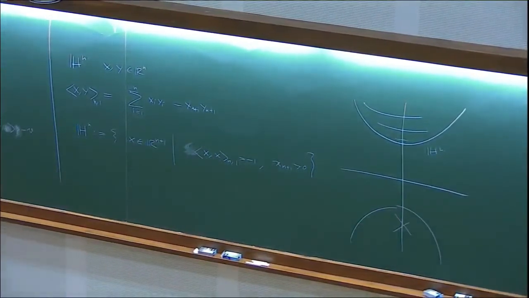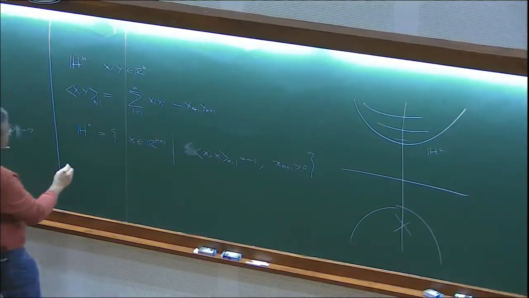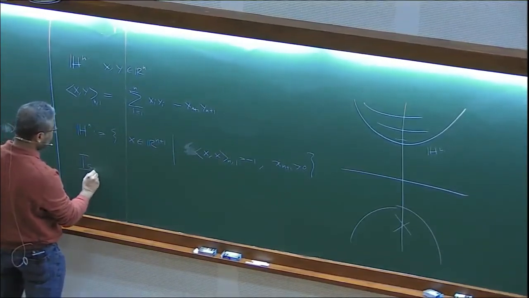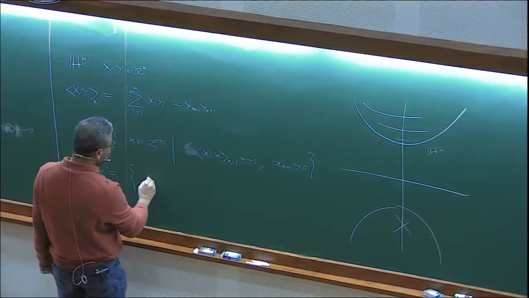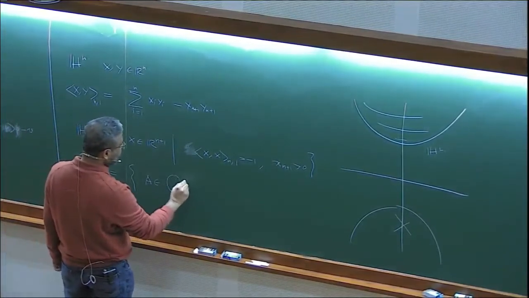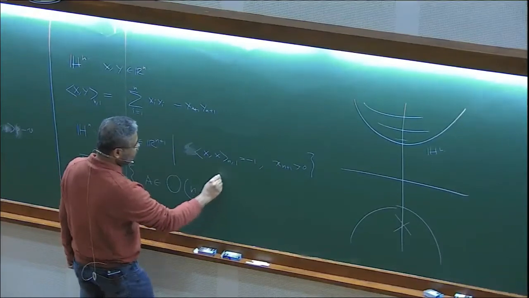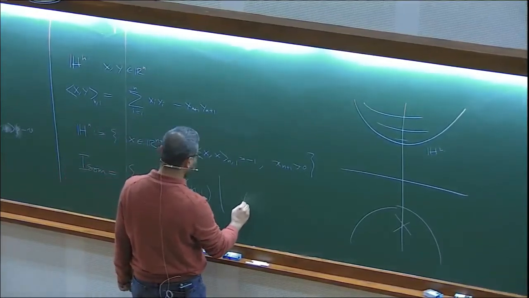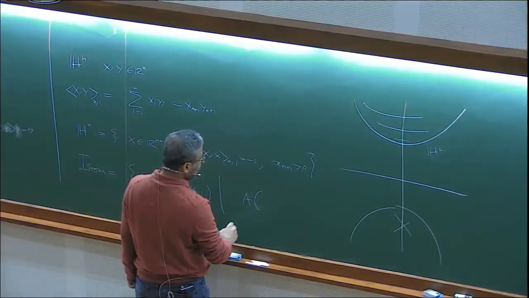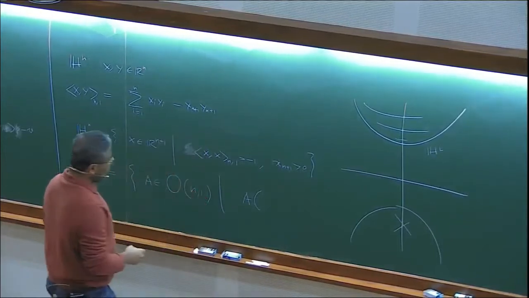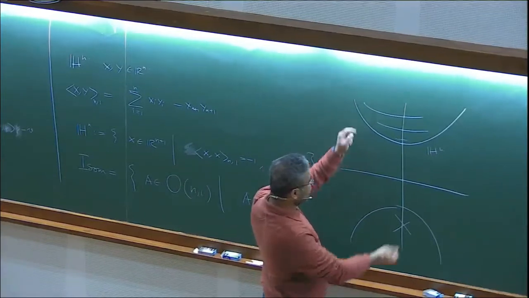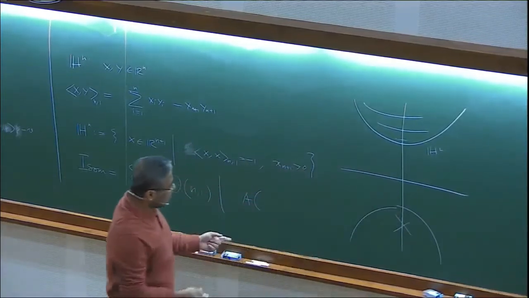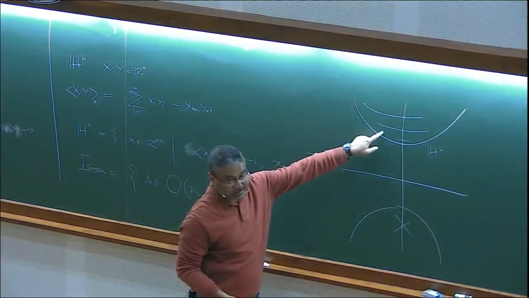And the isometry group here is the elements in On1 which are linear transformations and keep this piece invariant.